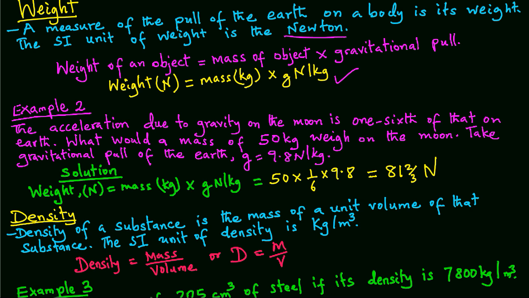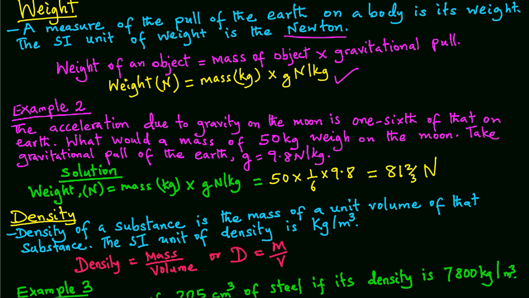So in example 2, if the acceleration due to gravity on the moon is a sixth of that on the earth, what would a mass of 50 kilograms weigh on the moon? So we take gravitational pull of the earth, g, to be 9.8 newtons per kilogram.